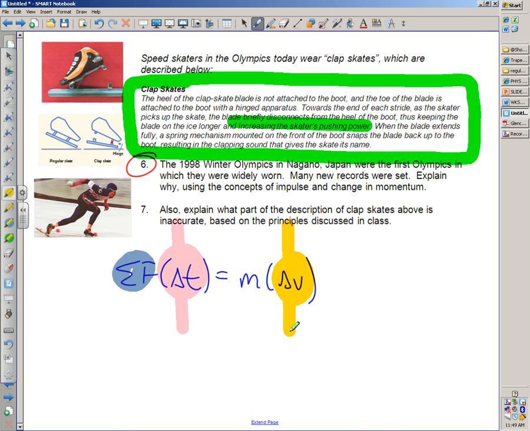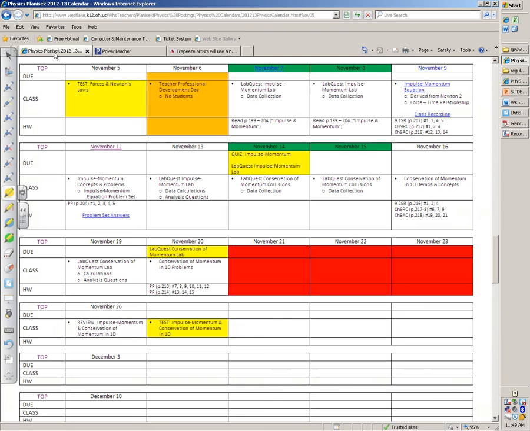For tonight, on the calendar, there are some practice problems dealing with some calculations, impulse momentum-wise. Also, on the homework section, there is a link that says problem set answers. You'll find all the answers to that problem set that I just gave you today.